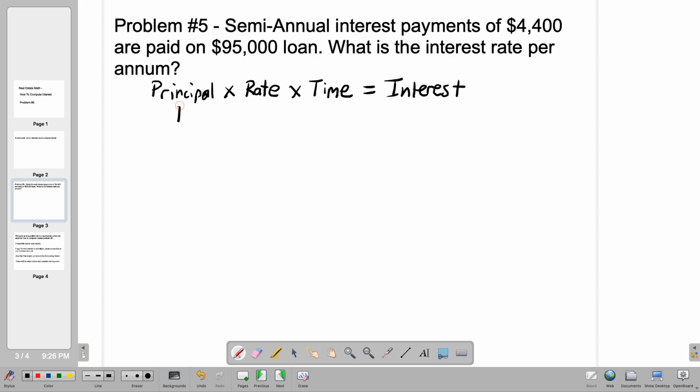And let's keep them simple, so we're going to use a variable. P represents the principal, R represents the rate, time is represented by T, and interest is represented by I.